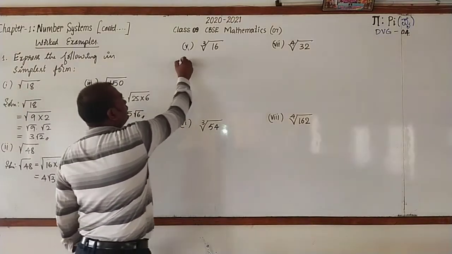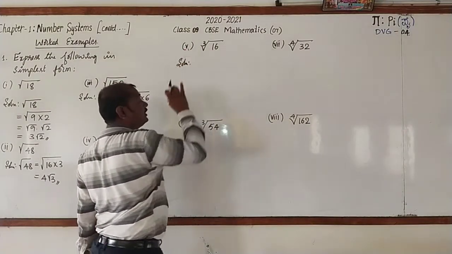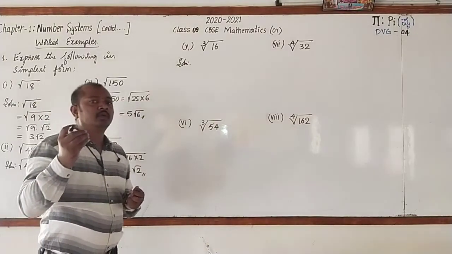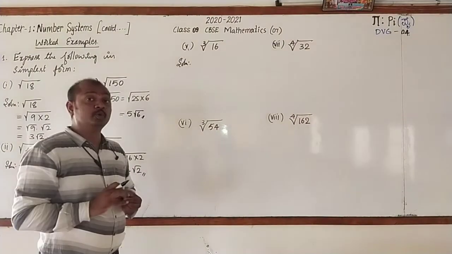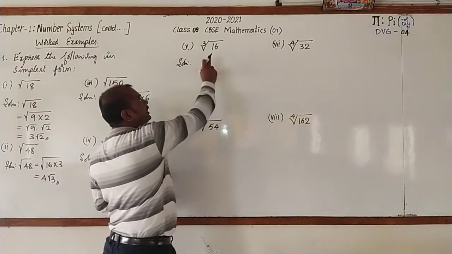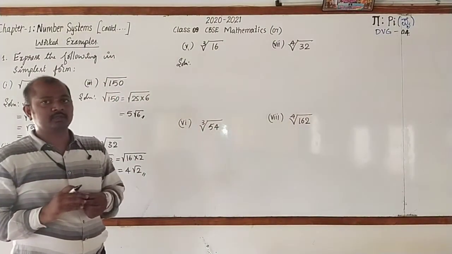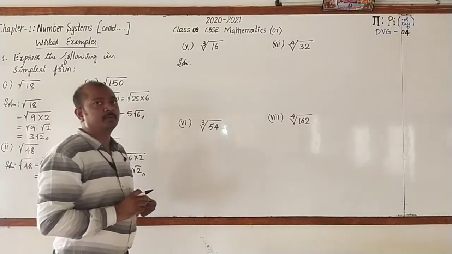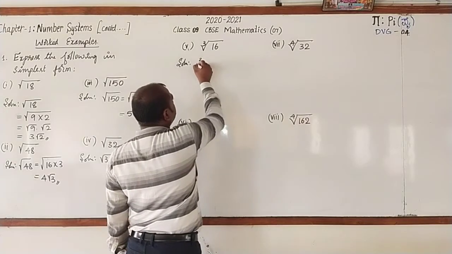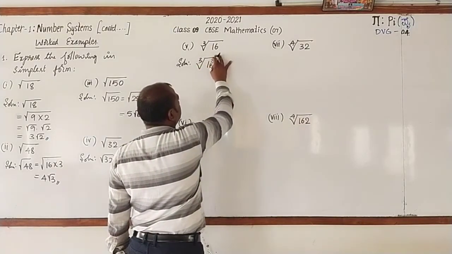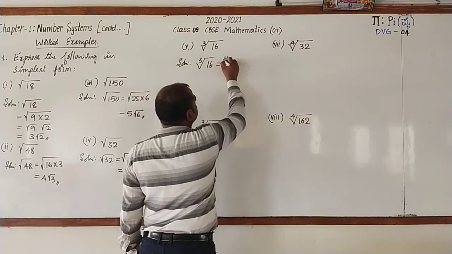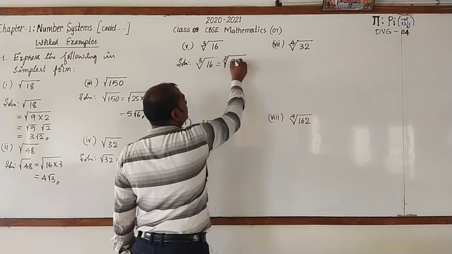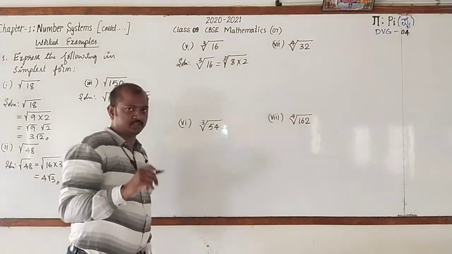Next, fifth one. Observe the order. Here 3 is there. So you need to have the knowledge about cube numbers. You are going to express 16 as the product of two factors. In these two factors, one should be a perfect cube. How do you go for taking cube root of 16? Yes, cube root of 16 can be written as 8 into 2, right?